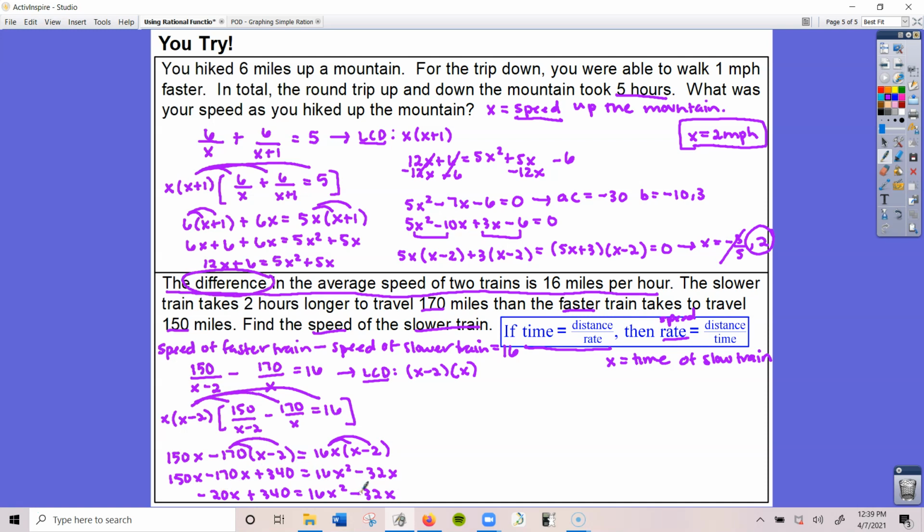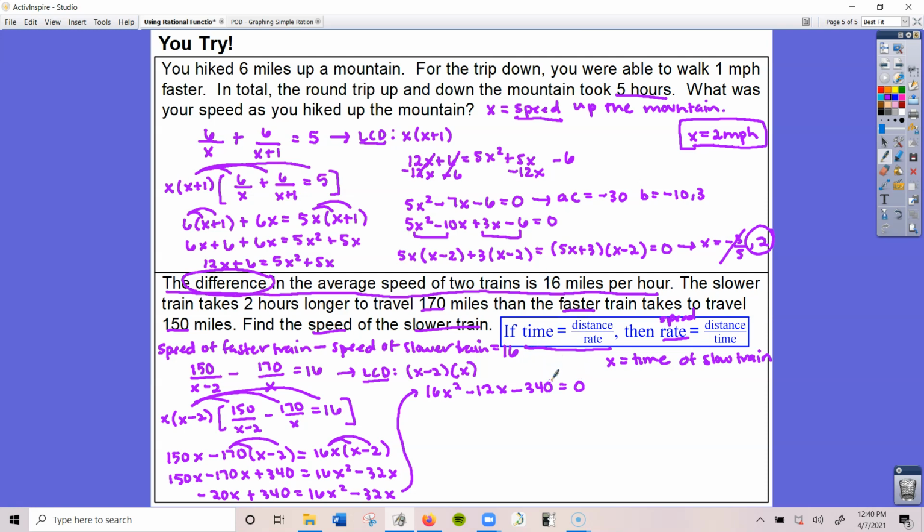So we can add the 20x over and subtract the 340. So what we would get would be the quadratic equation 16x squared, negative 32x plus the 20x would be negative 12x. And then we would have to subtract the 340. So minus 340 is equal to 0.